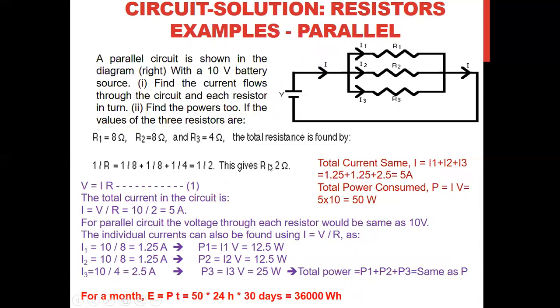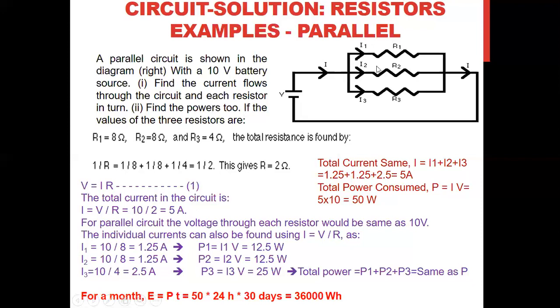From here, you can find the total current, because we can use Ohm's law, V equals IR. So I equals V divided by R. We know V is 10 and R is 2, so 5 ampere.